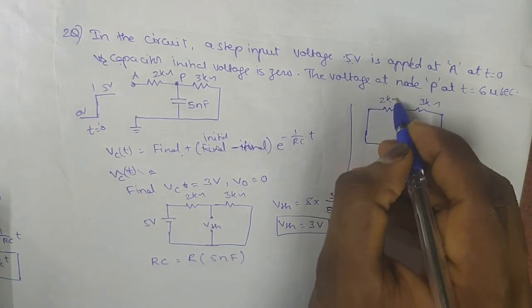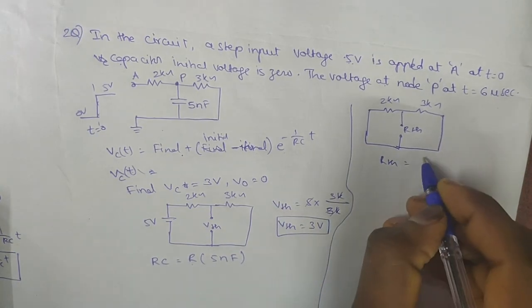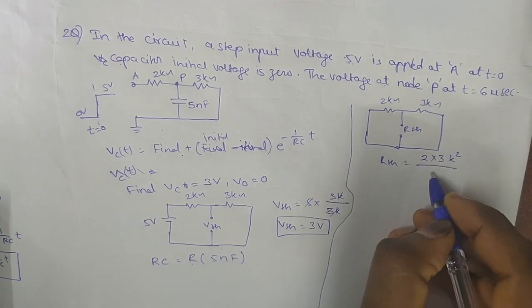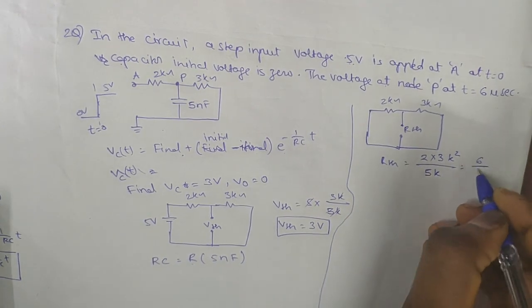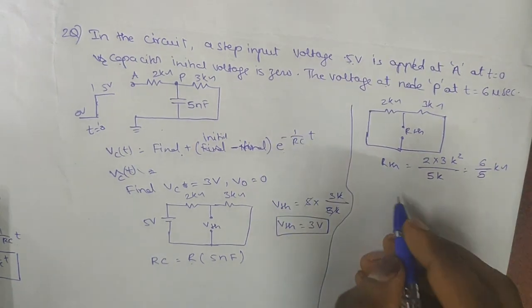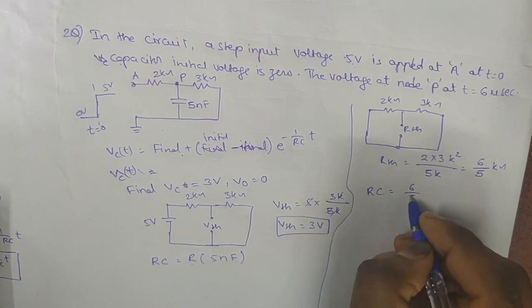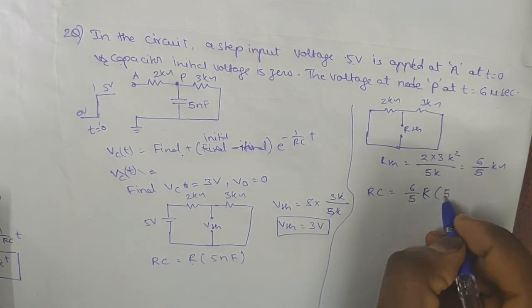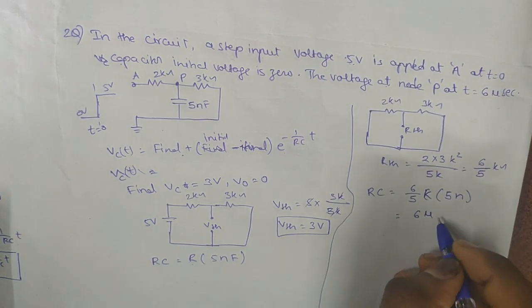With 3 kilo ohm and 2 kilo ohms, as these two are parallel, RTH will be 2 times 3 k square by 5k. Now the value will be 6 by 5 kilo ohm. So RC value will be 6 by 5 into kilo into 5 nano. Overall it will be 6 micro.